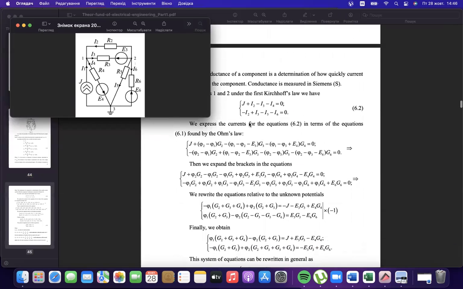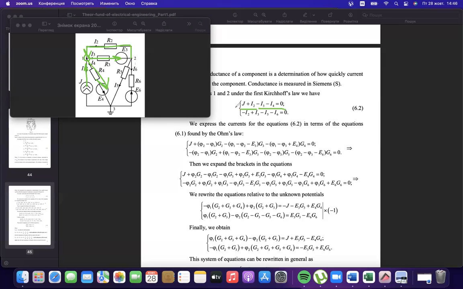Then we could implement Kirchhoff's current law to connect these currents into an equation. We could write it for any nodal point, for example point number 1. What do we see here? We see currents I1 and I2 that inflow to the node, and currents I3 and I4 that outflow from the node.